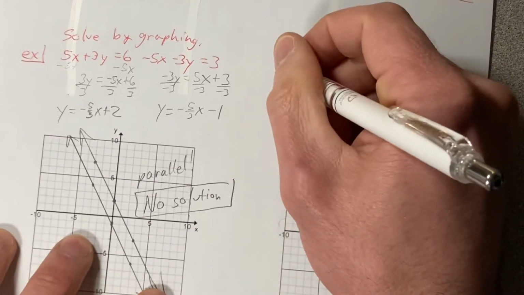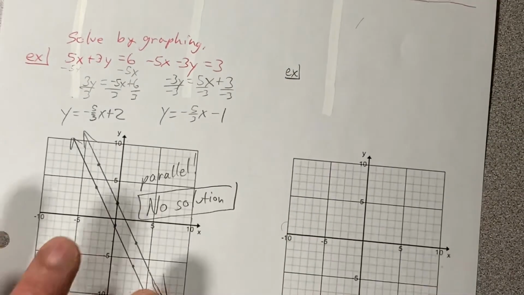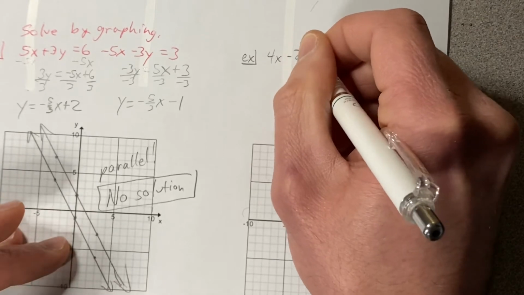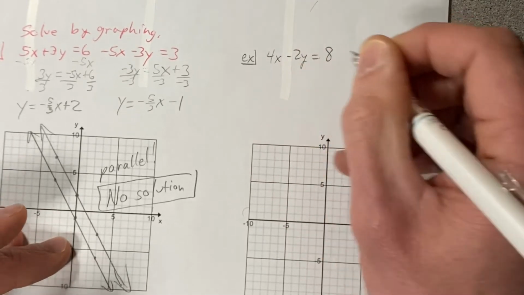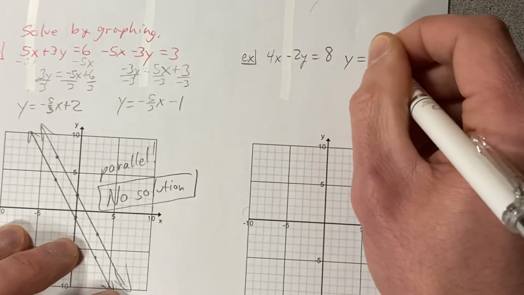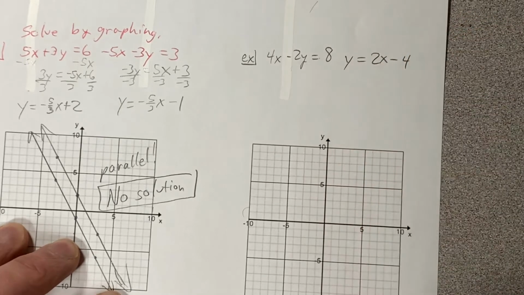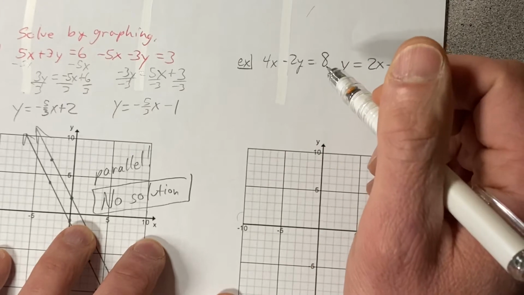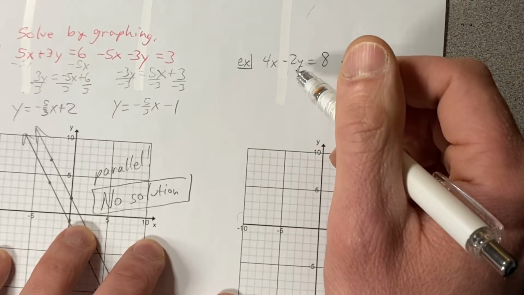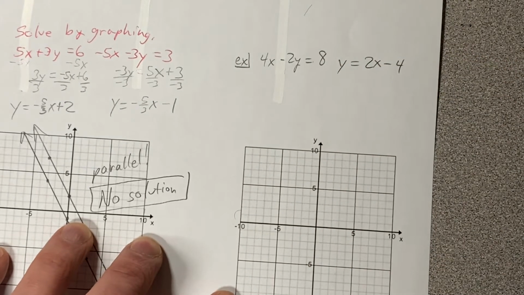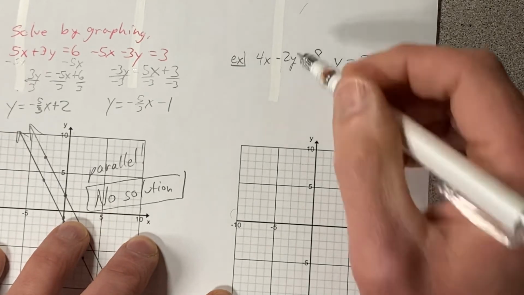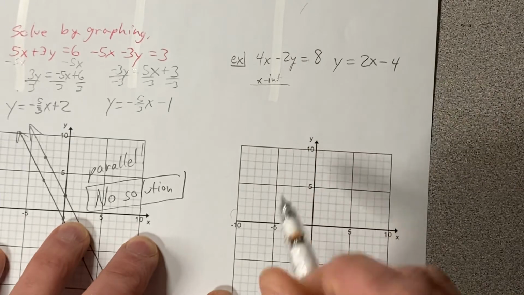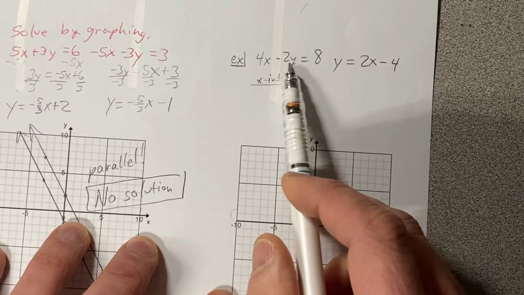Well, let's look at a second example. 4x minus 2y equals 8. y equals 2x minus 4. And to graph this first one, we could graph using intercepts, which, I don't know, let's do that. That might be kind of fun, actually. The x-intercept is found when y's value is 0.